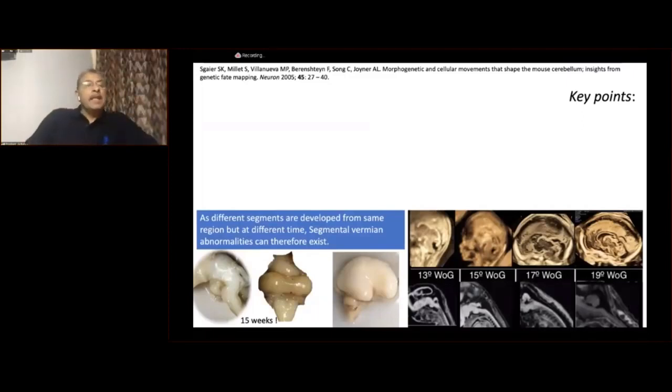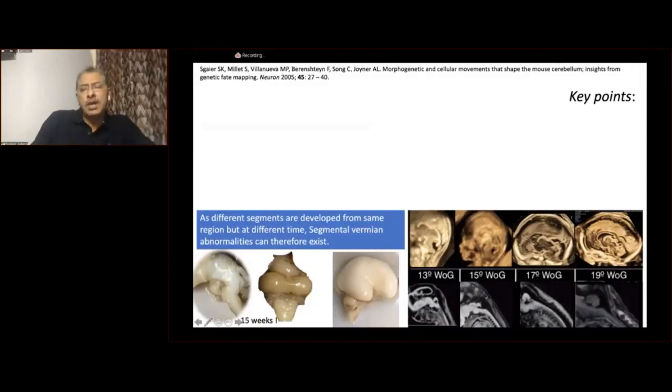The different segments are developed differently from the same region, but at a different time, and that's the reason segmental vermian anomalies are possible. Because it's not developed at the same time, it's developed at a separate time, if there is some insult at the point when the development pauses, you will have some kind of different segmental development.